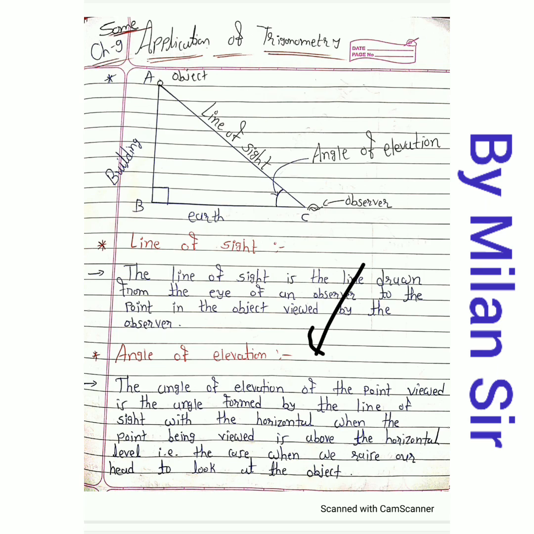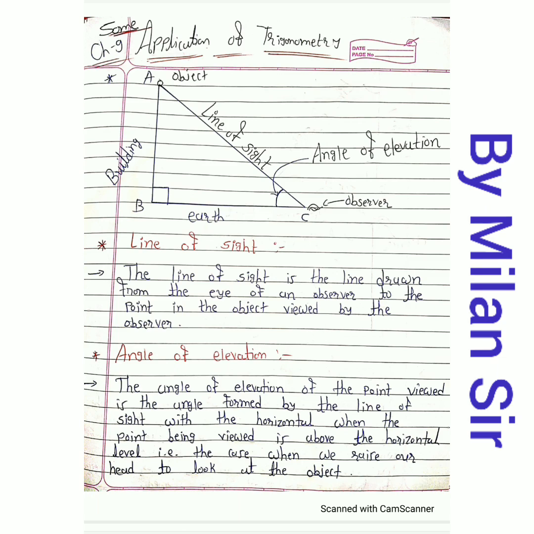The angle of elevation of the point viewed is the angle formed by the line of sight with the horizontal when the point being viewed is above the horizontal level. That means the case when we raise our head to look at the object.